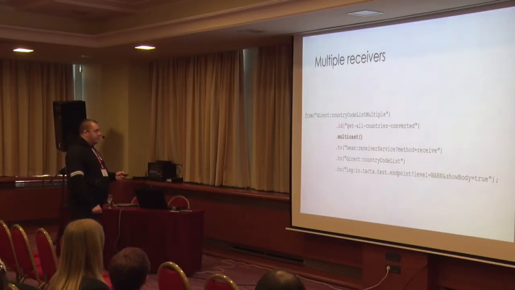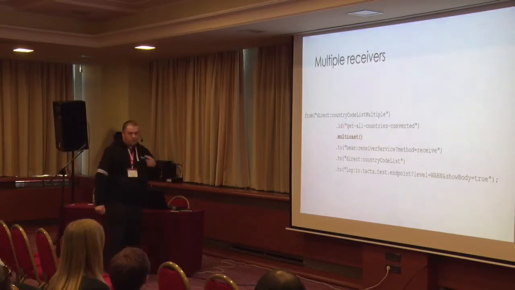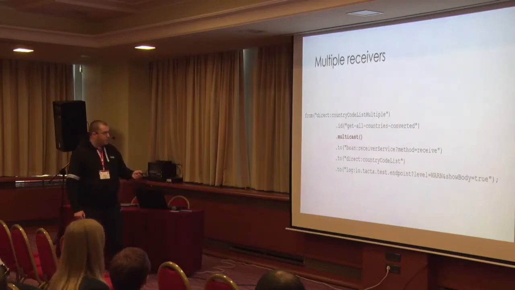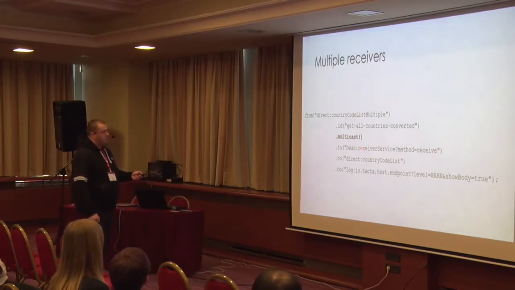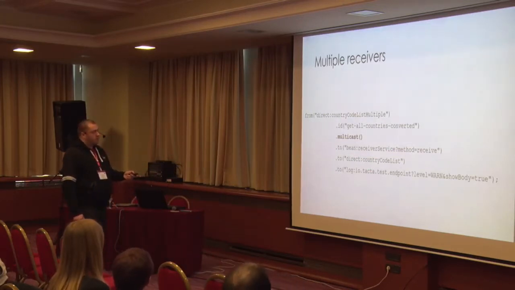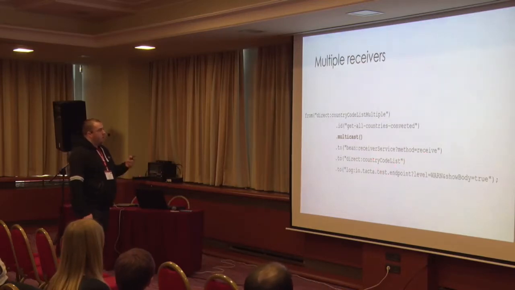This multicast is still going to do that propagation of the message to all those services, to all those components, sequentially. The tampering here will not affect what ends up in the others, but it's still going to be one thread.